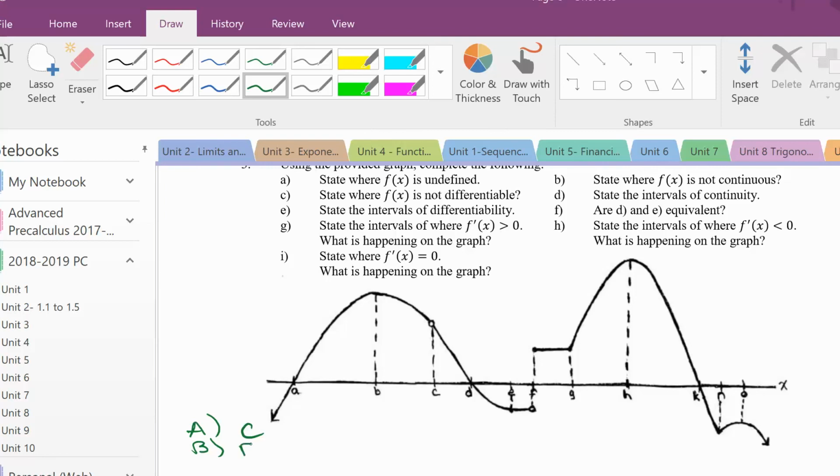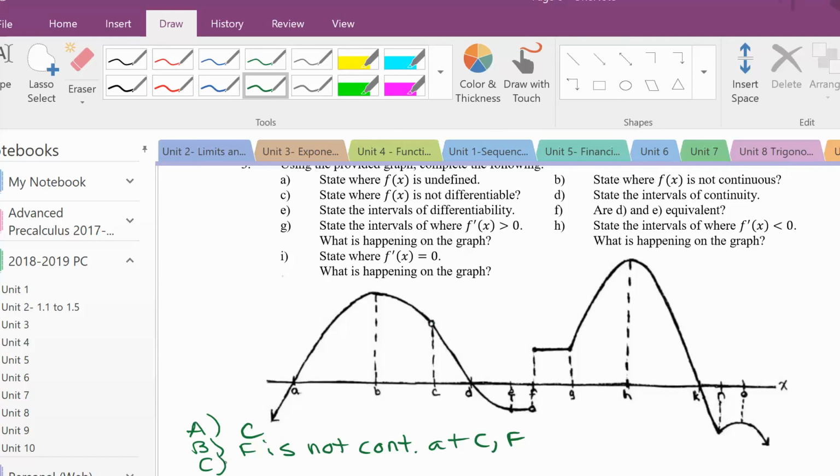Well, f is not continuous at C and F, because notice C and F is not continuous.